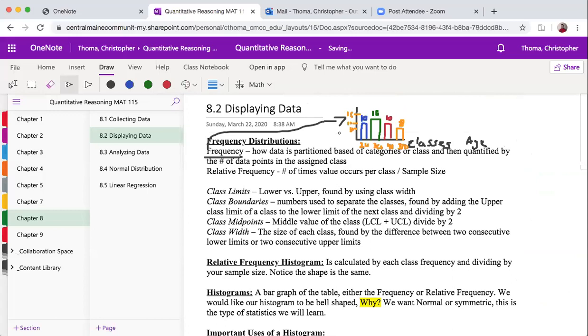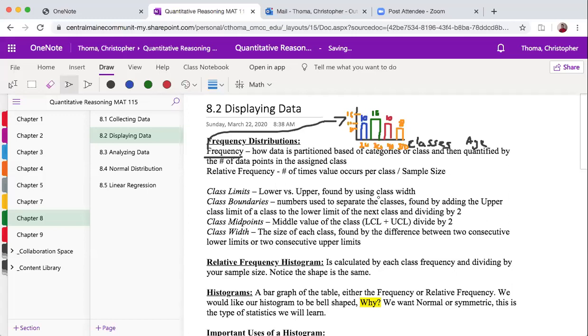The issue is why histograms have to be numerical data, because these now have formulas. So the class limits are the lower and upper. 20 to 29 would be my class limit, and the next class limit would be 30 to 39, because once I cross over the class limit, I've gone into a new category.